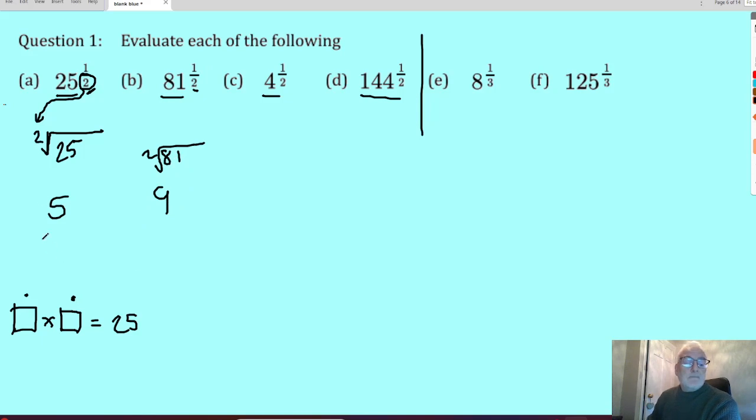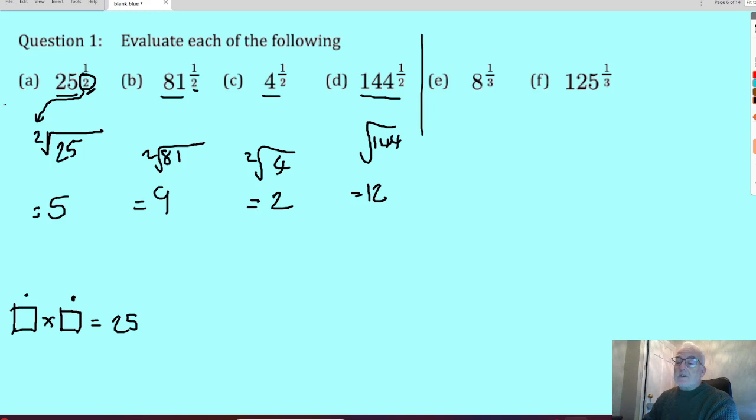So my answer is 9. Okay, if you want to pause the video, have a go at the next two, C and D. Let's see how you got on. So the square root of 4 is going to give me 2, as 2 times 2 makes 4. And finally, the square root of 144 is 12, because 12 times 12 equals 144.